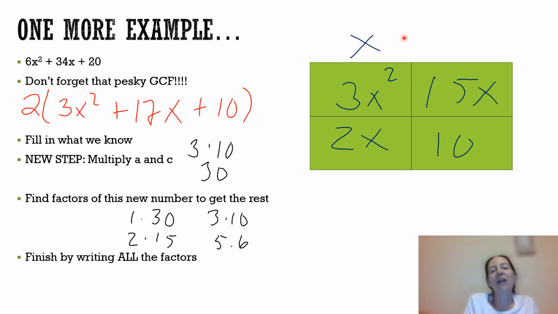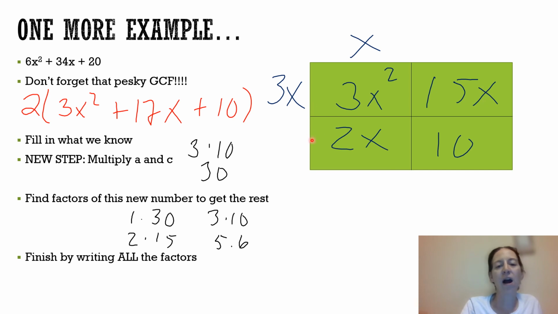Just if you've got something that's got bigger numbers or seems harder, see if you can find an easier way to start the problem. So what's an easier way for most of you to get the 3x is to look at this area and say, okay, what times x would give me 3x? Well, that would have to be 3x. Or you could get that same 3x by factoring out the GCF. Either way is totally fine. Just do it in the way that's easiest for you.